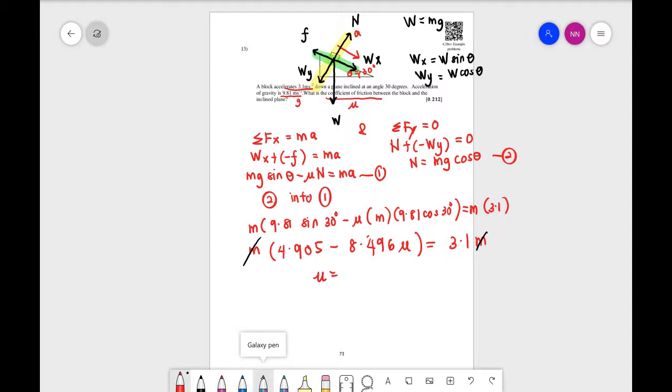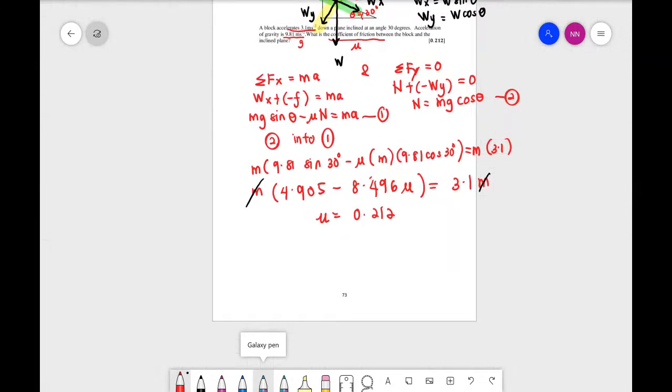So it equals 4.905 minus 3.1, divided by 8.496. So it equals 0.212. There is no unit for mu.